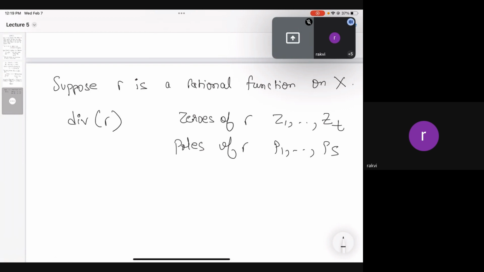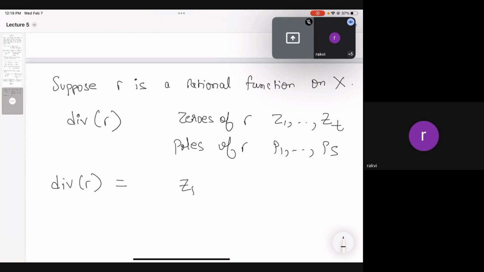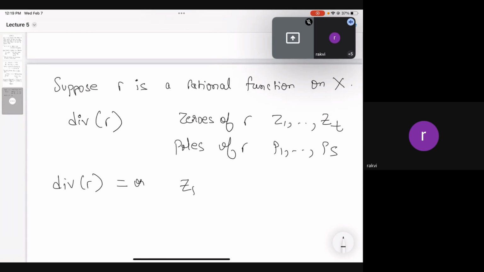Now, what is this divisor? These zeros and poles, I can think of them as points inside my X. So to Z1, I have to attach a coefficient. And what is this coefficient? Basically, the order of this zero.